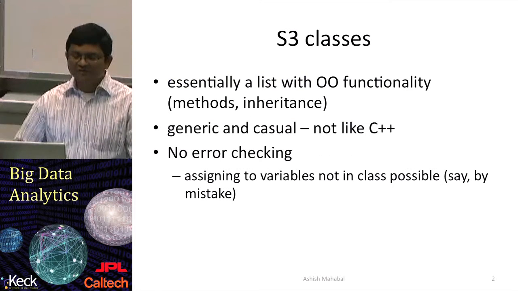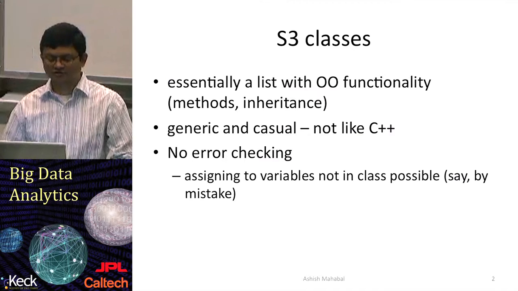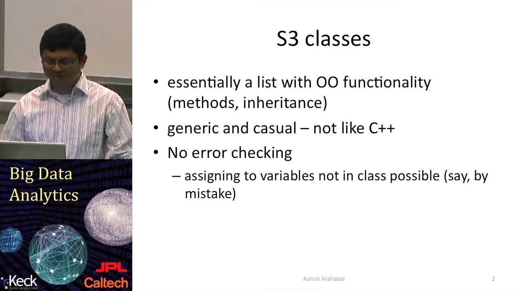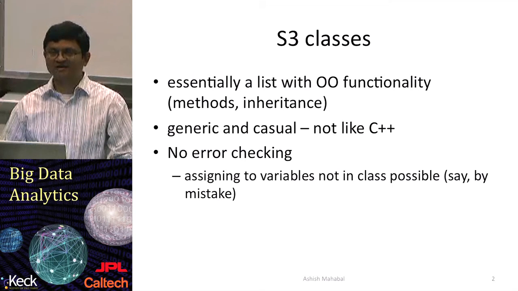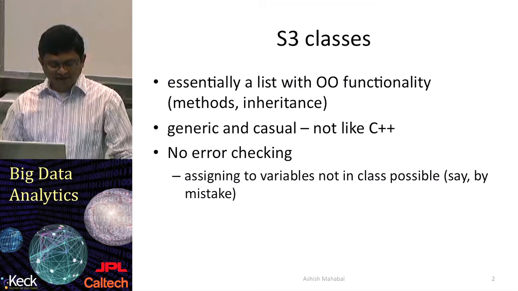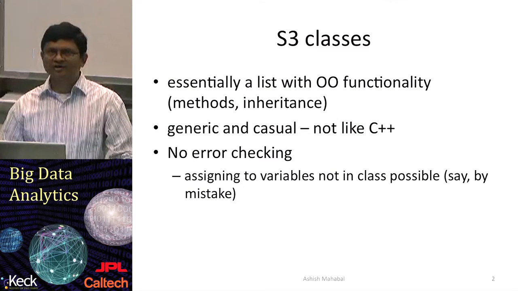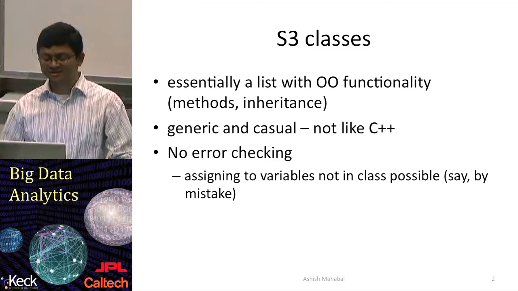So let's start with S3 classes. They have existed for a long time. The third version of S is where they came about. Essentially, what an S3 class has is a list and some methods and inheritance that can be done with that. And then it's a bit more generic and casual, very unlike what a class would be in C++.